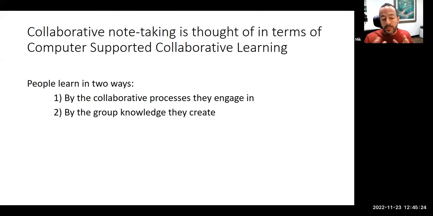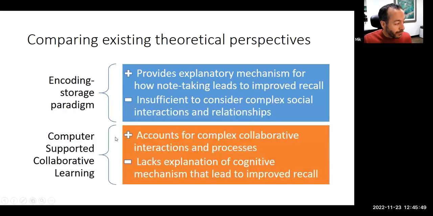And then the second way would be that groups create knowledge together. And I guess in computer-supported collaborative learning, that group knowledge is often thought of as a digital artifact, like some kind of digital document, or PowerPoint, or some kind of website, blog, some kind of digital product, right?